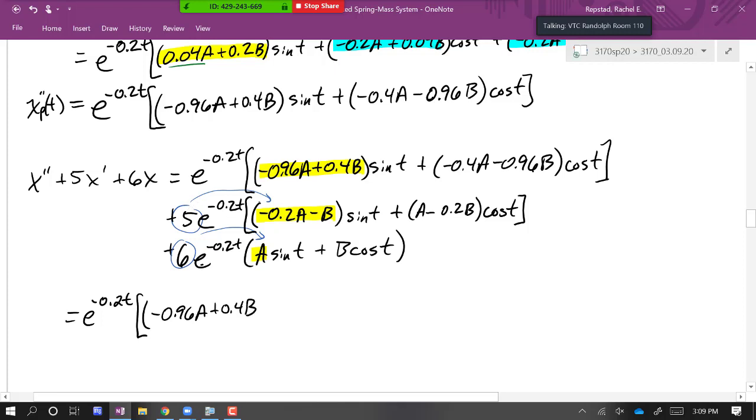So if I distribute the 5 through the x prime, through the negative 0.2a minus b, we have minus a minus 5b. And then our last term is b plus 6a, and that's times sine of t.